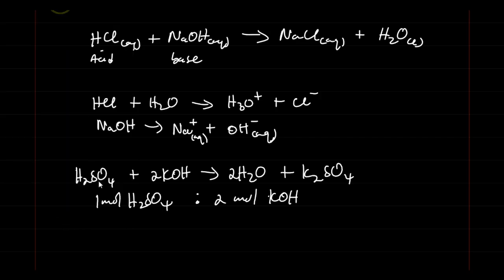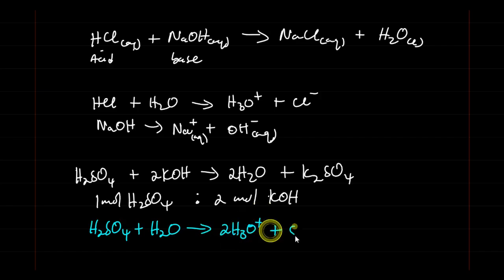So now, this sulfuric acid in water, what does it give me? It gives me 2 moles of hydronium plus the sulfate ion, isn't it? Okay, and what about the KOH?